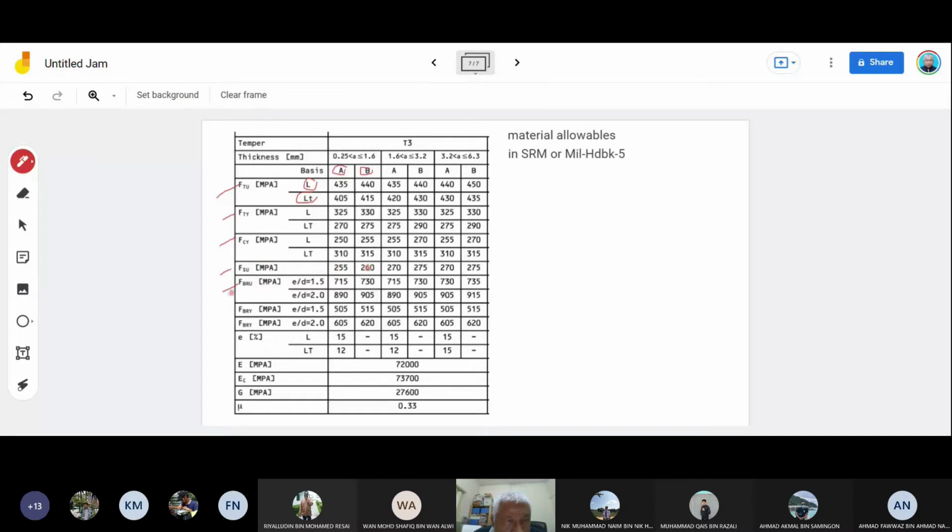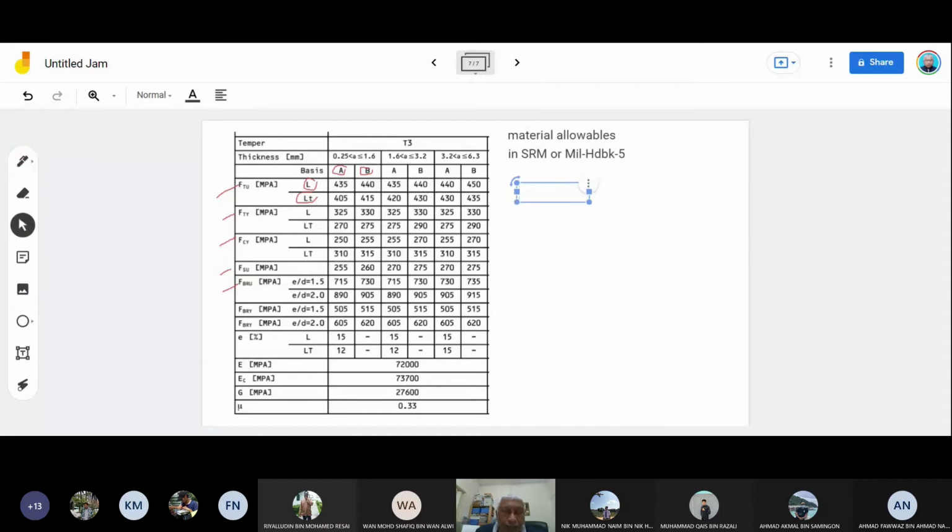And for bearing ultimate, you get e/D of 1.5 and 2.0. So you can have an e/D of 1.5 or an e/D of 2.0, and you can see the differences between the strength. So this is strength. Okay, now let's look at what is A.